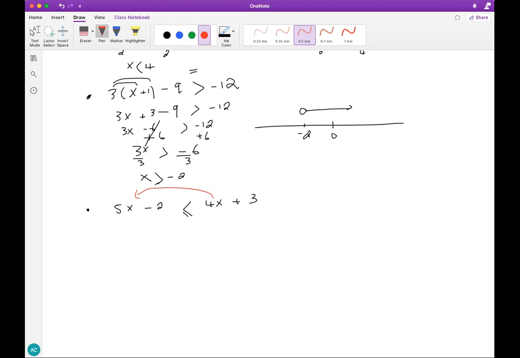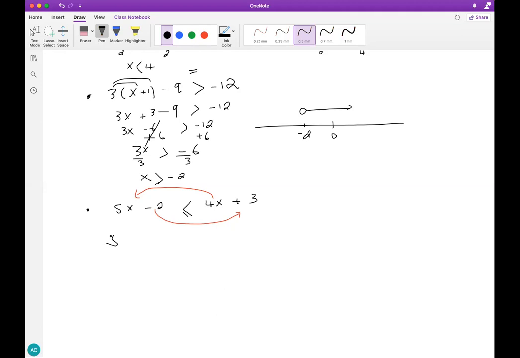And when you move something to the opposite side, you got to switch the sign. We're going to change the sign of this because it moves to the other side. At the same time, we're going to move the -2 back here to combine it with +3. And when you move the -2, it will change the sign from negative to a positive.